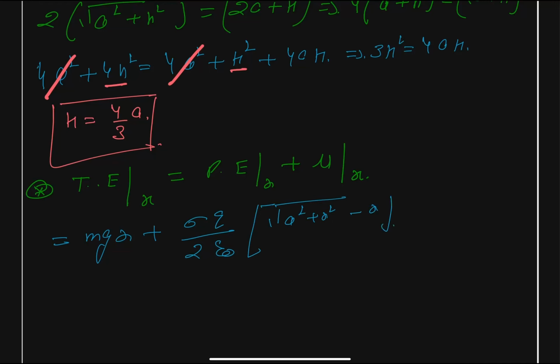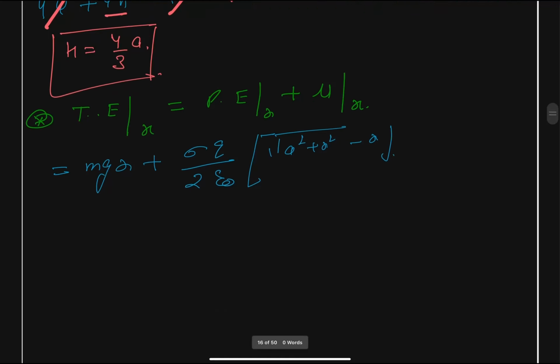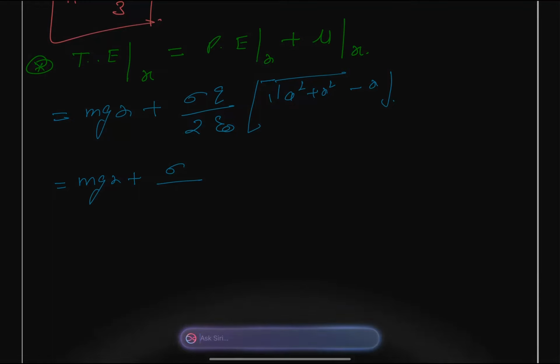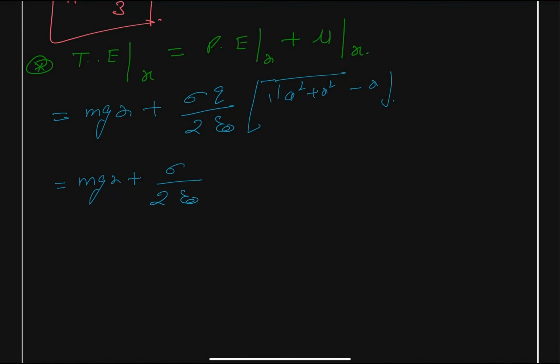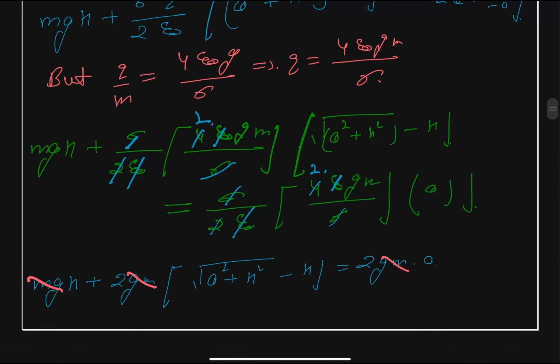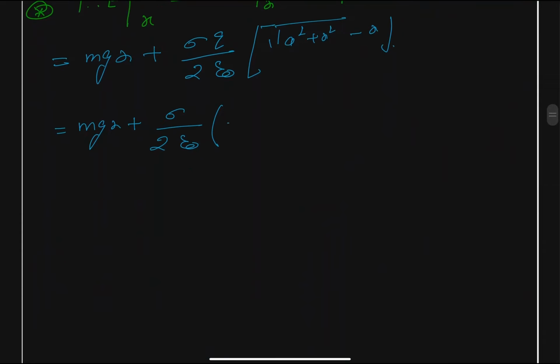Once again we substitute the value of q, and we get this as mgx plus sigma upon 2 epsilon naught, and q is 4 epsilon naught gm upon sigma, divided by sigma, times square root of a square plus x square minus x.